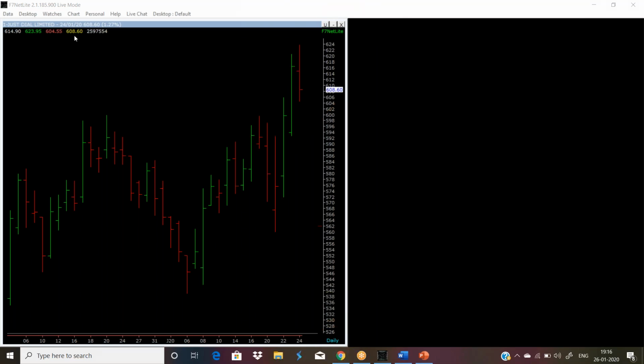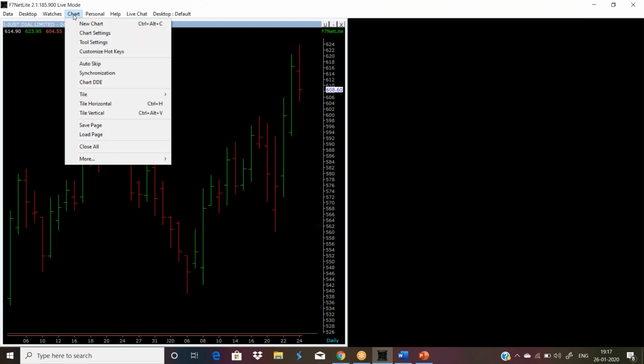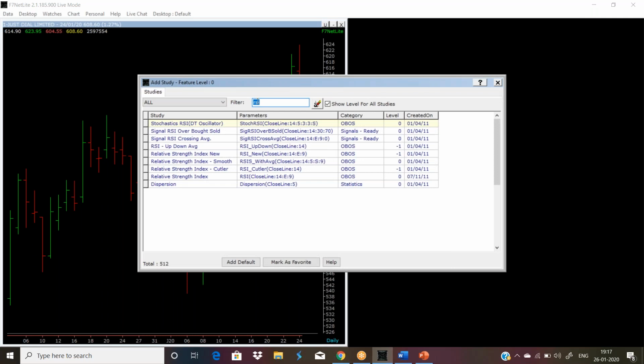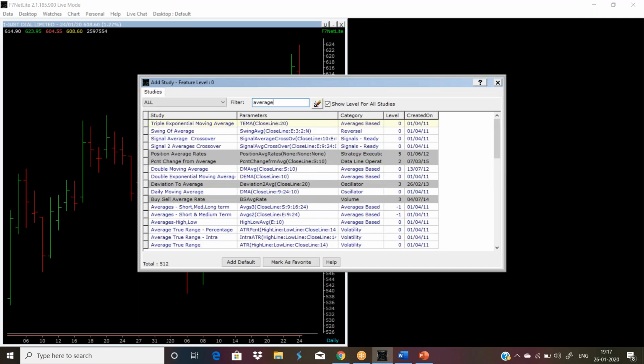I'll go to the software, because all these are available in the software. I'll go to this add study part, and then I will add average. That is a simple average of all the close prices.